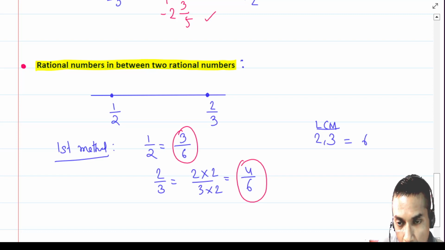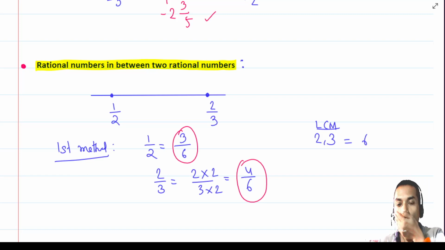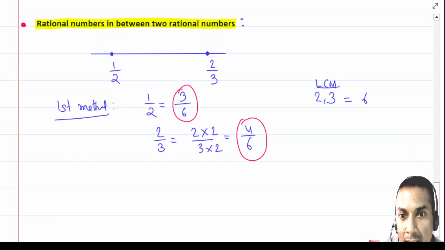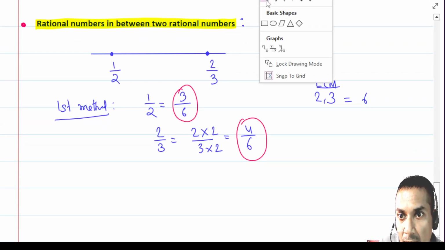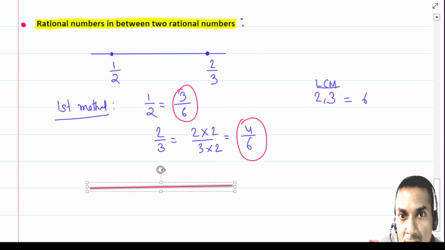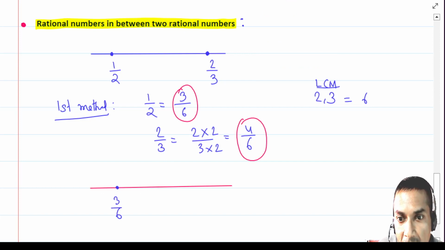Means we have to find a rational number in between 3 by 6 and 4 by 6. Understood? The given problem was 1 by 2 and 2 by 3, and the equivalent like fractions are 3 by 6 and 4 by 6. Clear?